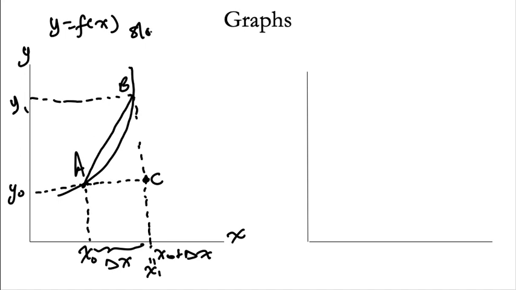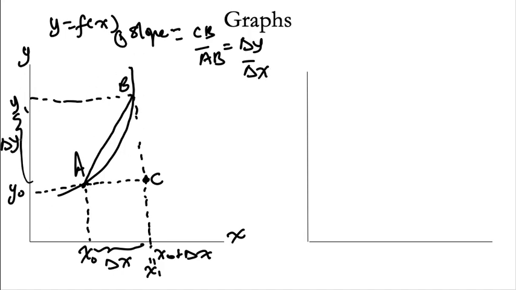So the slope is actually CB over AB. Now CB over AB is actually change in y over change in x, isn't it? So this one is change in y.